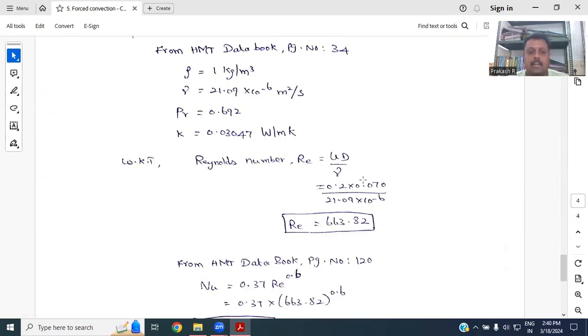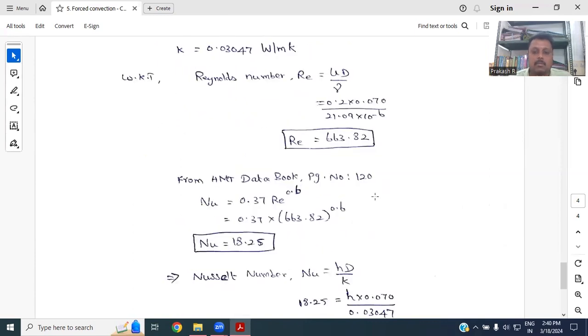And we need to find the Reynolds number value as usual, like in the previous problem. So Reynolds number Re is equal to U d by gamma because it is a problem of a sphere. For sphere and cylinder, the formula for Reynolds number is U d by gamma. For a plate, it is U L by gamma. Therefore, we know the U value, D value, and gamma value, so we can calculate the Reynolds number value as 663.83.